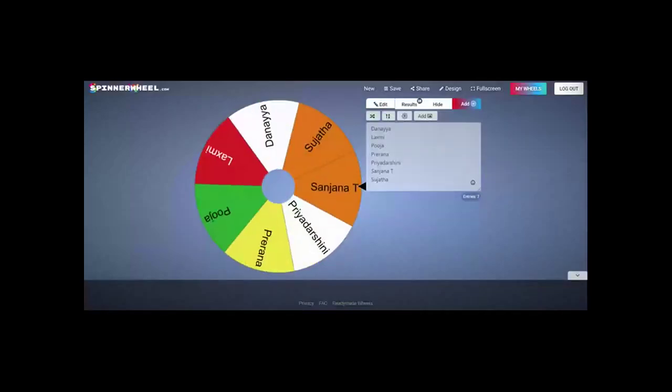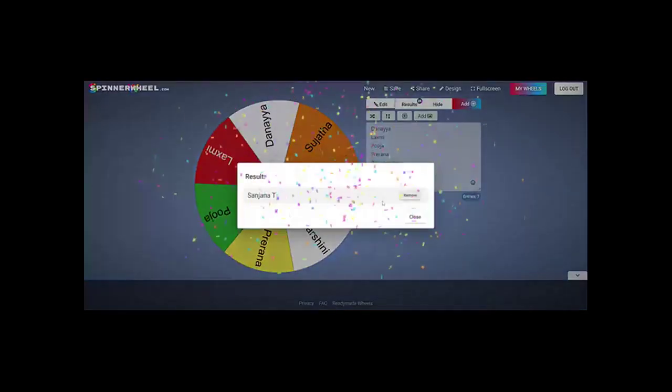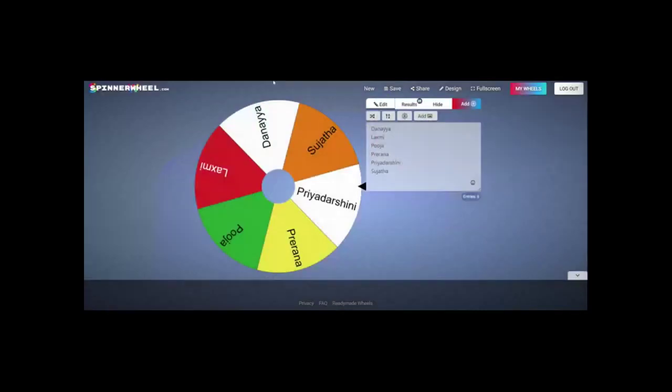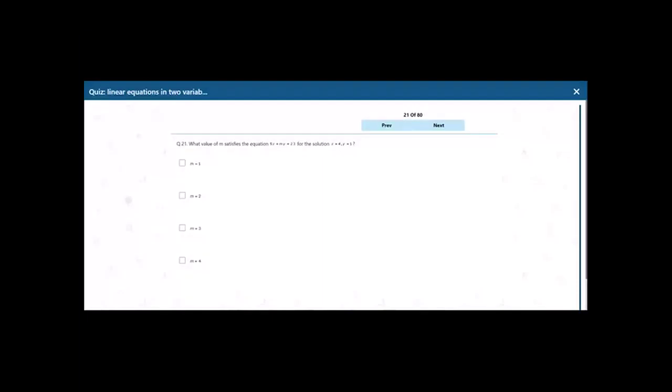Sanjana? Yes, ma'am. Sanjana, you have to answer now. What value of m satisfies the equation 5x plus my equal to 23 for x equal to 4, y equal to 1?